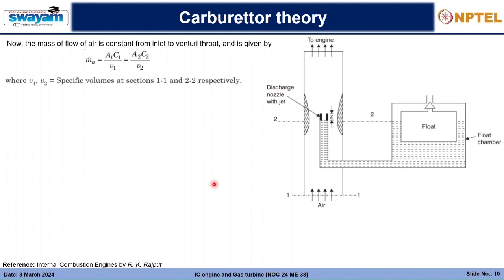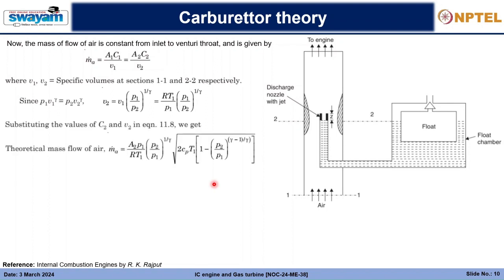V1 and V2 are specific volumes at 1 and 2, and we will use this isentropic equation: P1 V1 to the power gamma equals P2 V2 to the power gamma. By that we will get the value of V2, the specific volume, equals V1 into P1 by P2 to the power 1 by gamma, equals RT1 by P1 into P1 by P2 to the power 1 by gamma.